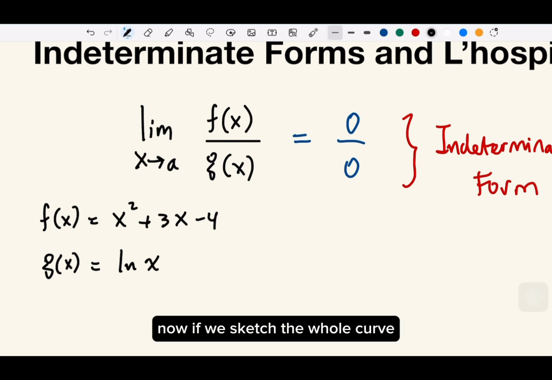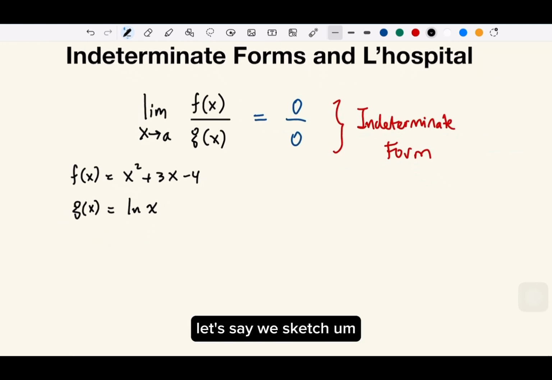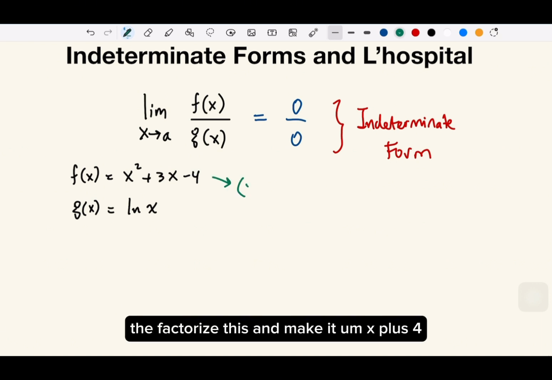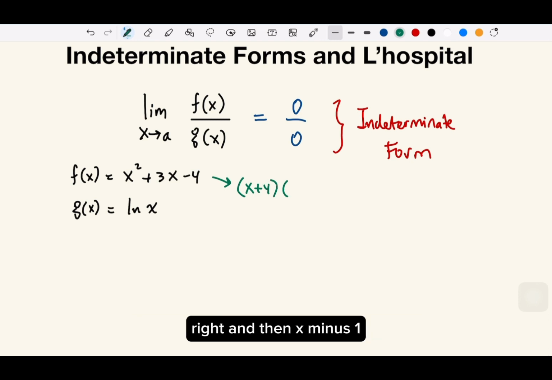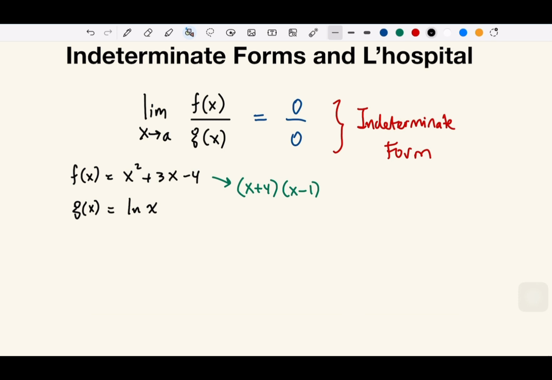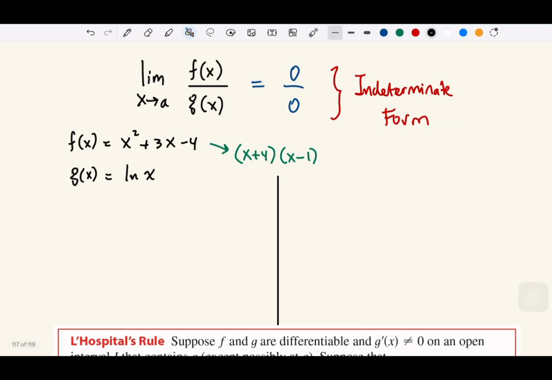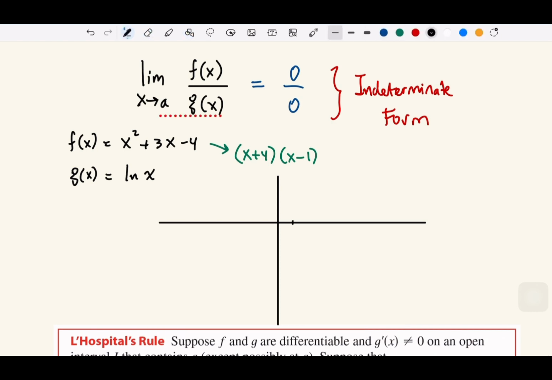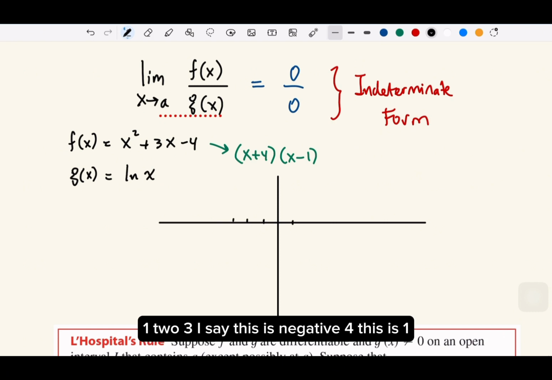Now, if we sketch the whole curve, if you factorize this, it becomes x plus 4 and then x minus 1. So these will be the roots, and I think we can sketch this. Let's say this is -4 and this is 1.